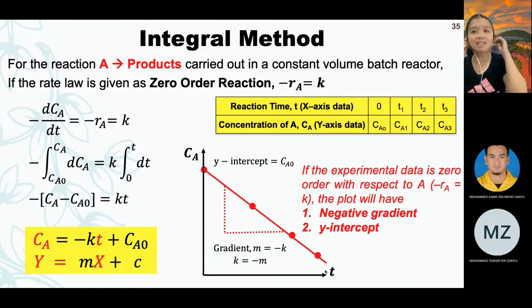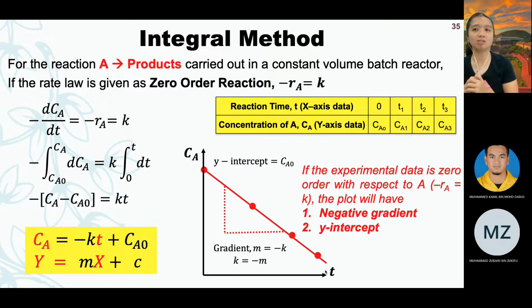Dia hanya akan dapat kecerunan negatif straight line kalau reaction kamu zero order. So itu dah keistimewaan, the brilliance of mathematics and chemical engineering. Hanya satu senario memenuhi keperluan matematik tu. Kalau kamu punya reaction tu tak memenuhi senario tu, matematik tu tak akan dapat apa yang kamu sepatutnya dapat.